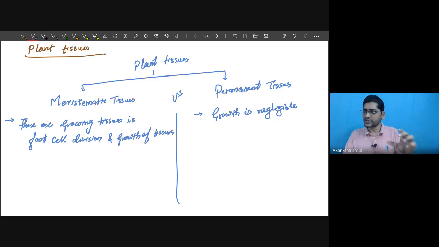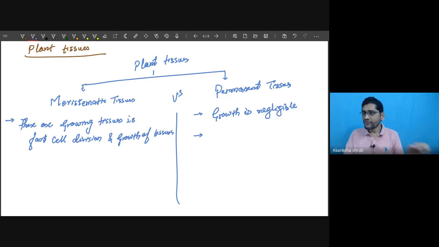Once the tissue is formed, it remains throughout their life, but their size increases because of the formation of new such tissues in other areas. So growth is negligible.